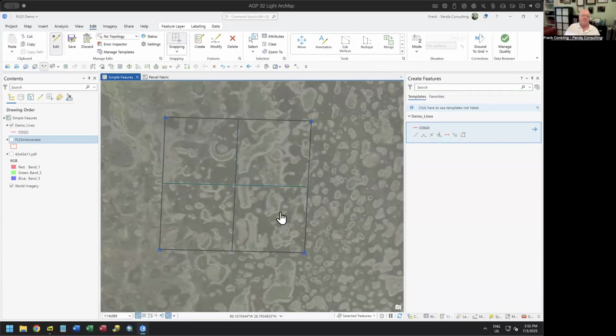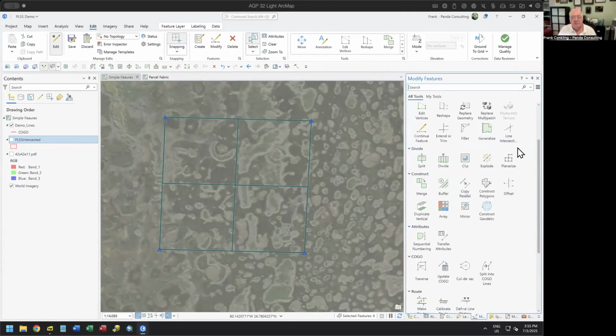If I have to break this down further into the northeast of the northeast, I can do the same thing. But notice one of the things I can't do is just say midpoint, because that's a single line in here. So it's at that point that I'll select all of these lines and run them through a tool called Planarize.